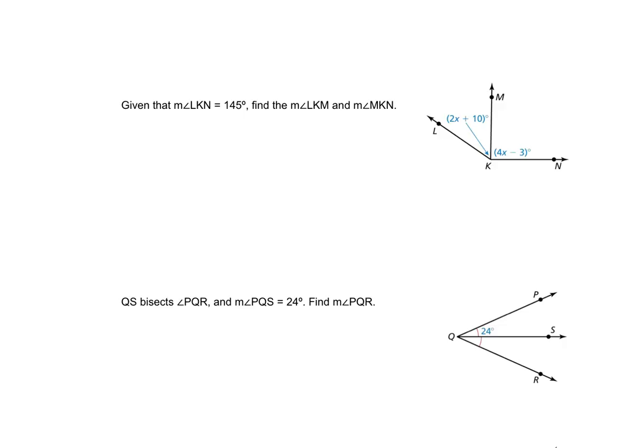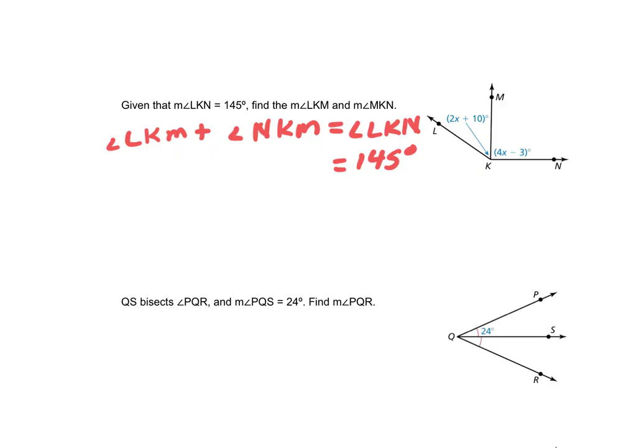And so if I were to write this out, here's what it's going to look like. And I'm going to write it out with letters first. I'm going to say angle LKM plus angle NKM equals angle LKN. We already know the measure of that one, 145 degrees.